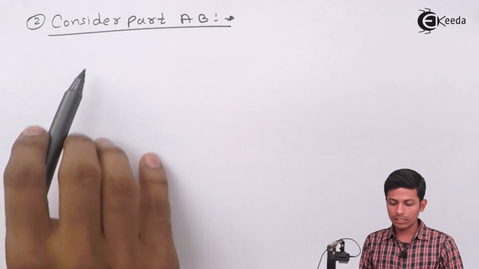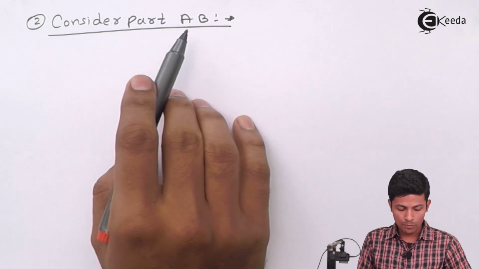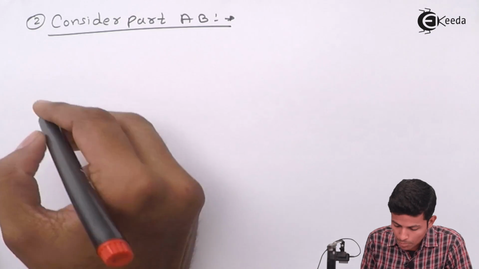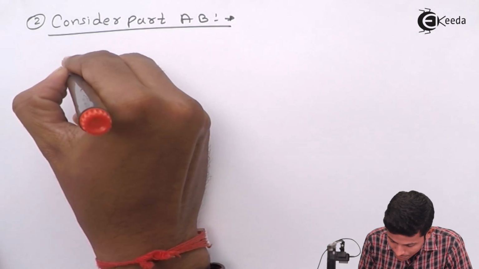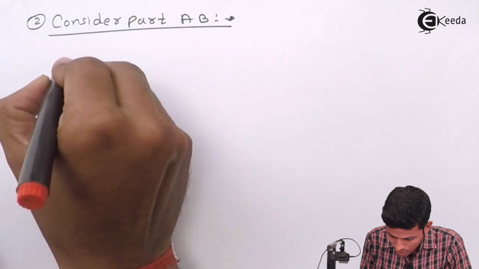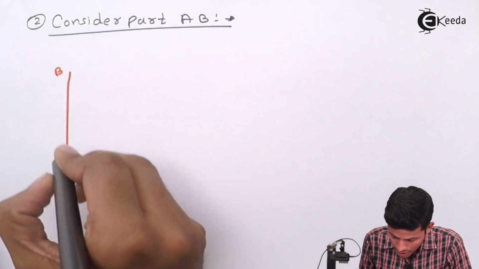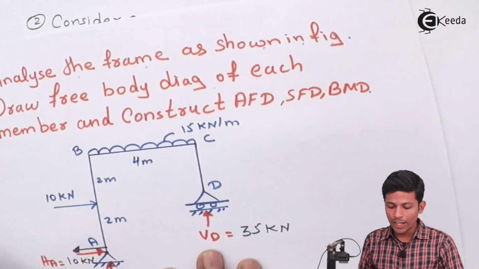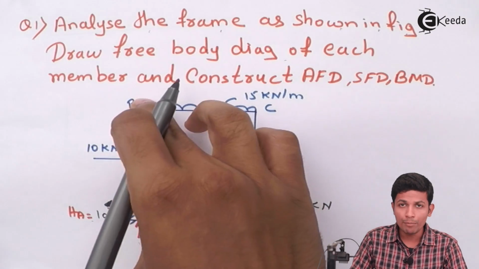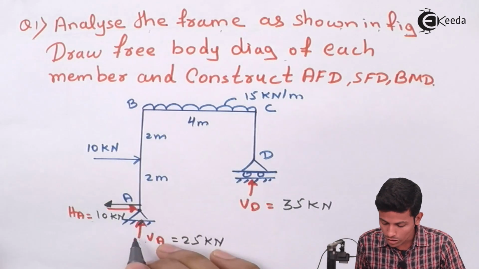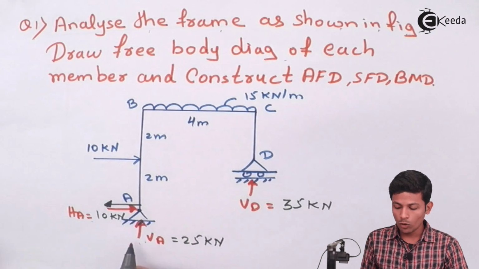Now first we are considering part AB. At the time of considering part AB, just draw the free body diagram of part AB. This is your A, this is our B, the AB part. Now in the exam, while drawing the free body diagram of AB, always remember to put the loads over here.